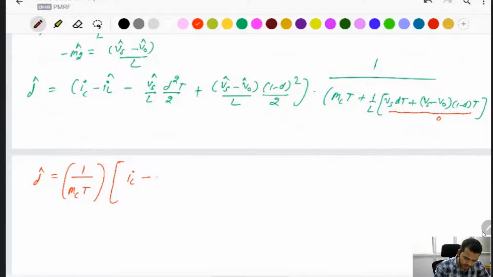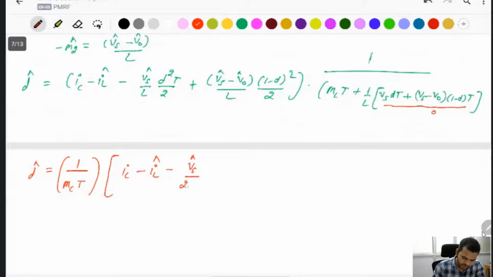Take IC, IL cap. If you open this (1 minus D) square, you find 1 plus D square minus 2D, and 1 plus D square minus D square is considered the Vs term. Only the Vs by (1 minus D) term is present. Take a common Vs cap divided by 2L in both conditions.